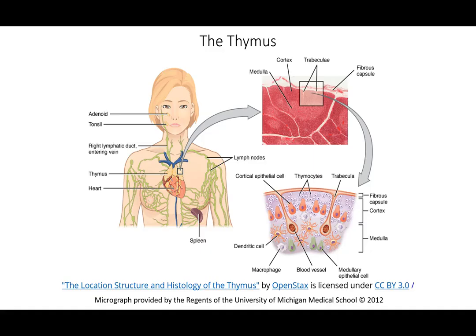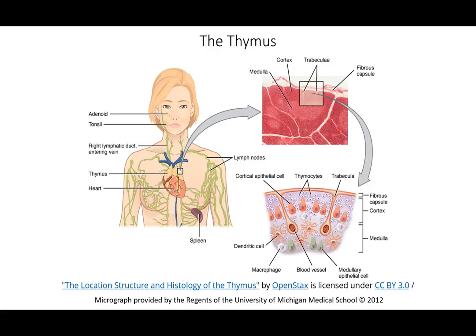And so, because we don't have this final site of T cell maturation, the existing T cells that we have are going to just have to keep making copies of themselves over time in order to have that constant, steady supply of T cells over the course of our life.